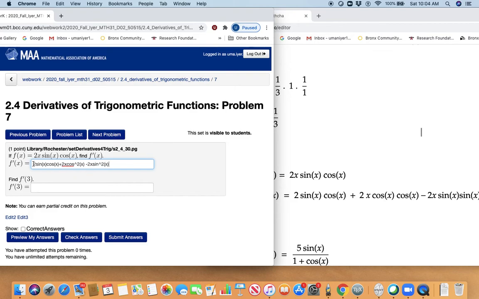All right, and evaluating it at 3, I have to write 2 times 3, that's a 6. Oh, I forgot this, 2 times 3 is a 6.